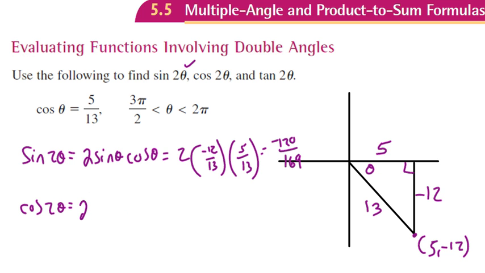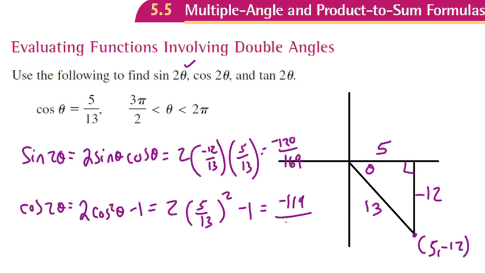They're all equivalent. So I'm going to write 2, and then replace cosine with 5/13, squared, and then minus 1. Do all that on your calculator, and you get -119 over 169.